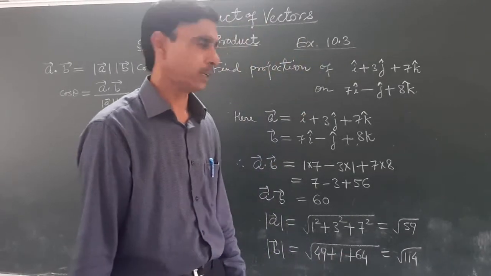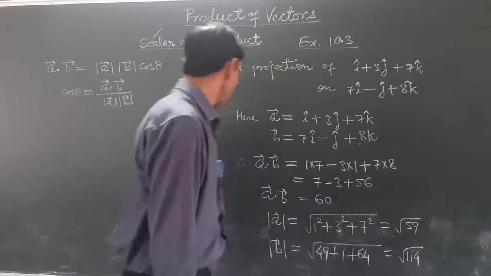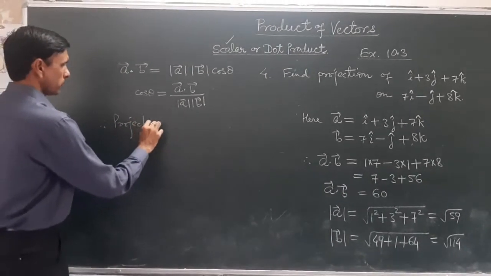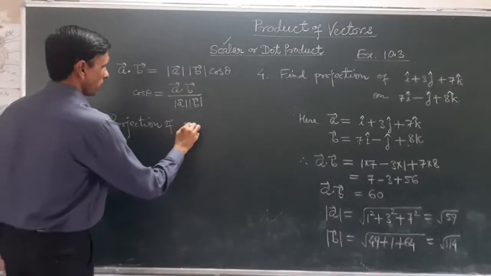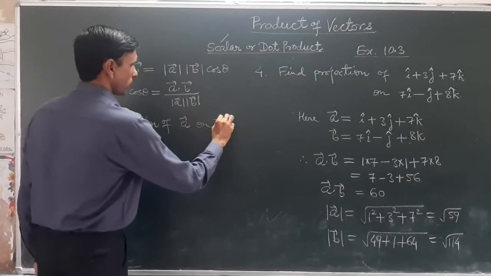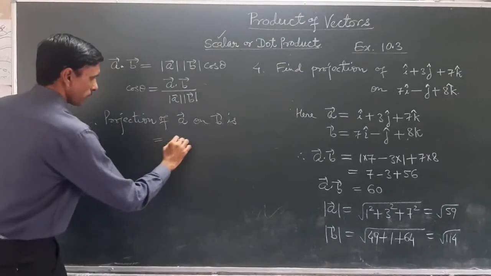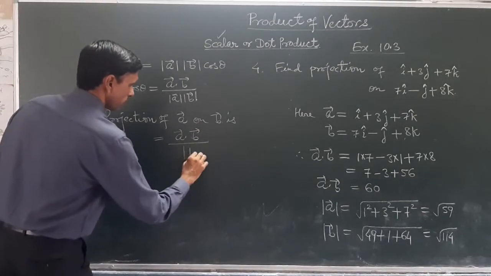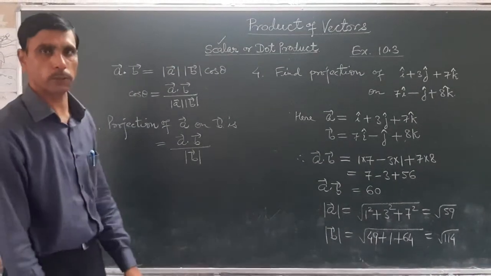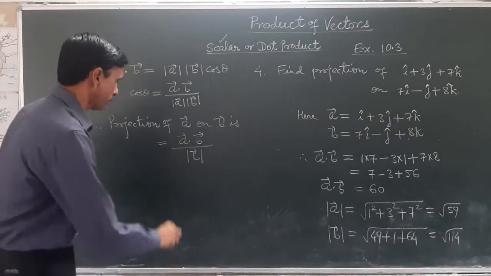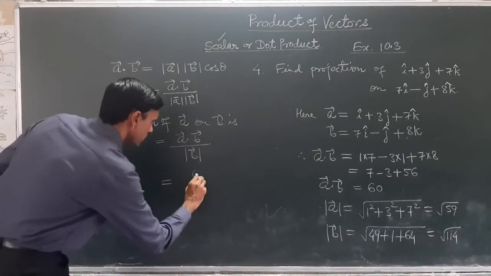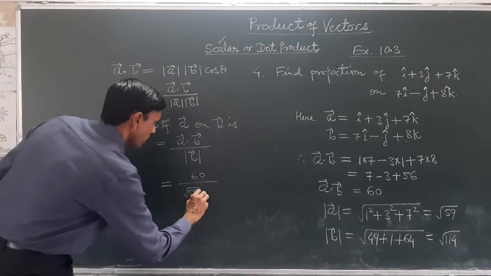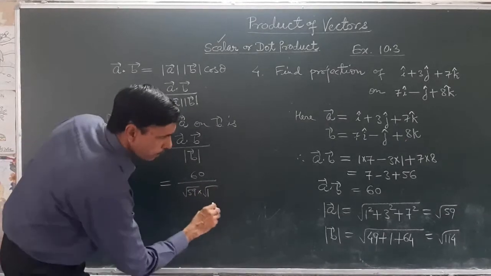Yes. So this is dot, this is magnitude. तो लिखेंगे therefore projection of vector A on vector B is, क्या बताया था? ऊपर A dot B divided by magnitude B, because we calculate the projection on B. What is it on B? 60 under root 59 into under root 114.